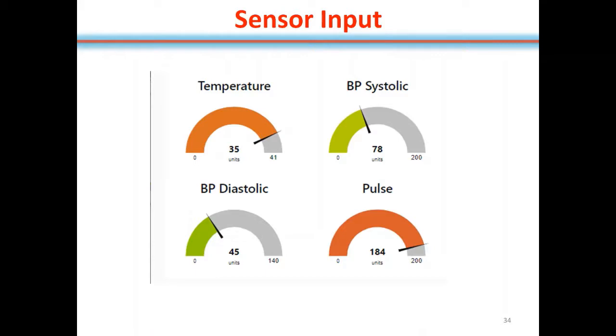It will capture the user's temperature, blood pressure and pulse. Then it will merge with the static data of the form and be sent to the cloud. In the cloud, it will be validated and the prediction will be generated as per the machine learning model.